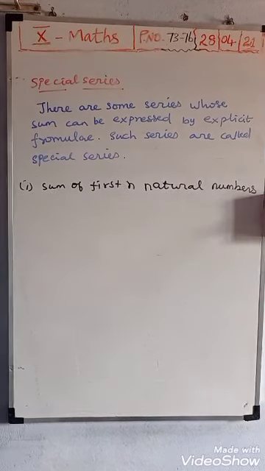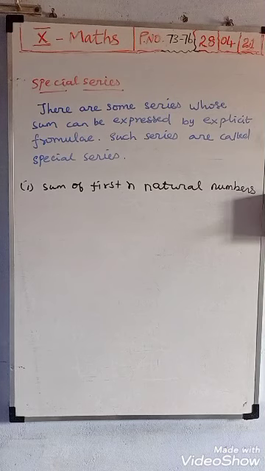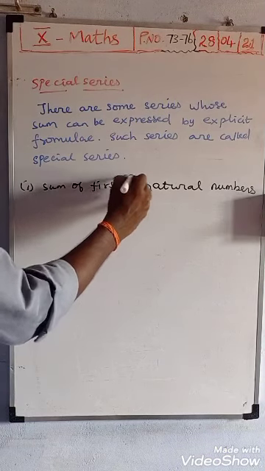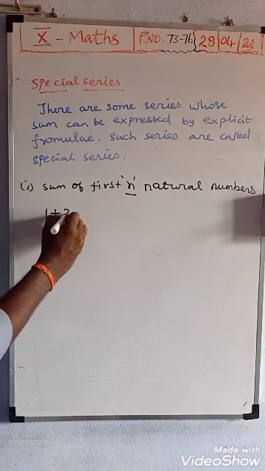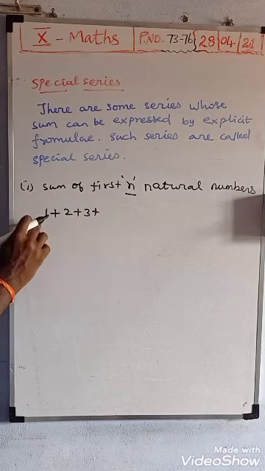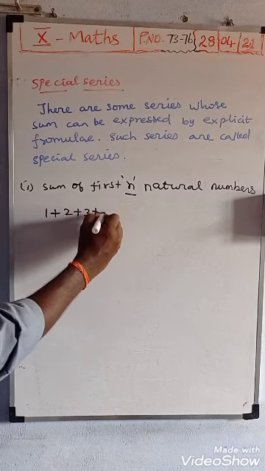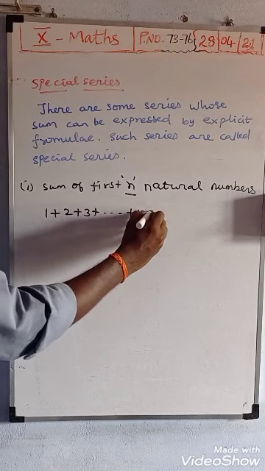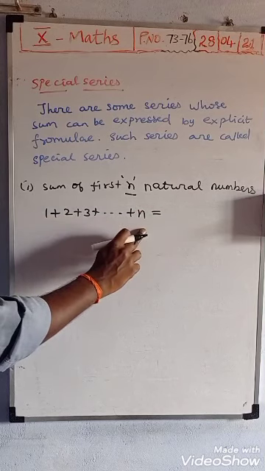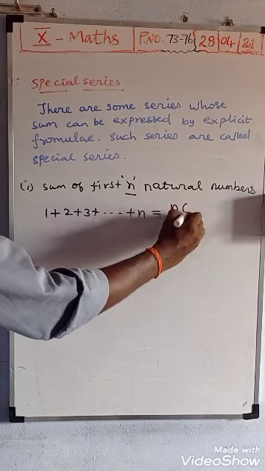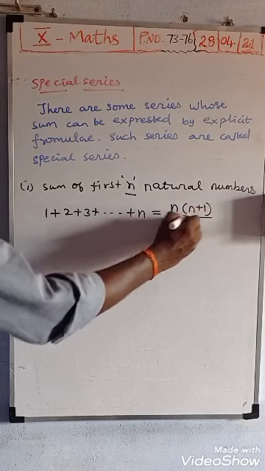What is the formula? 1 plus 2 plus 3 plus up to n. Up to n natural numbers you should add. The formula is n into n plus 1 by 2.